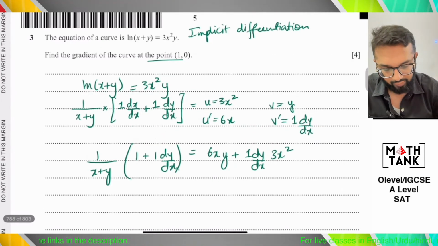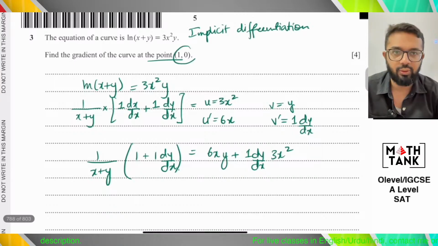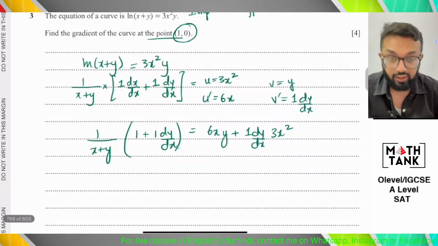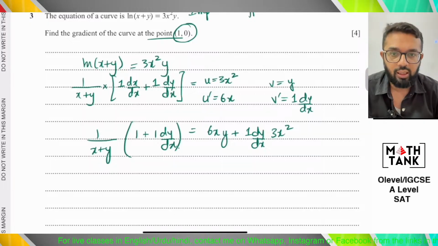Okay, find the gradient of the curve at the point 1 comma 0. So I am asking you to find the value of dy by dx when x equals 1 and y equals 0.